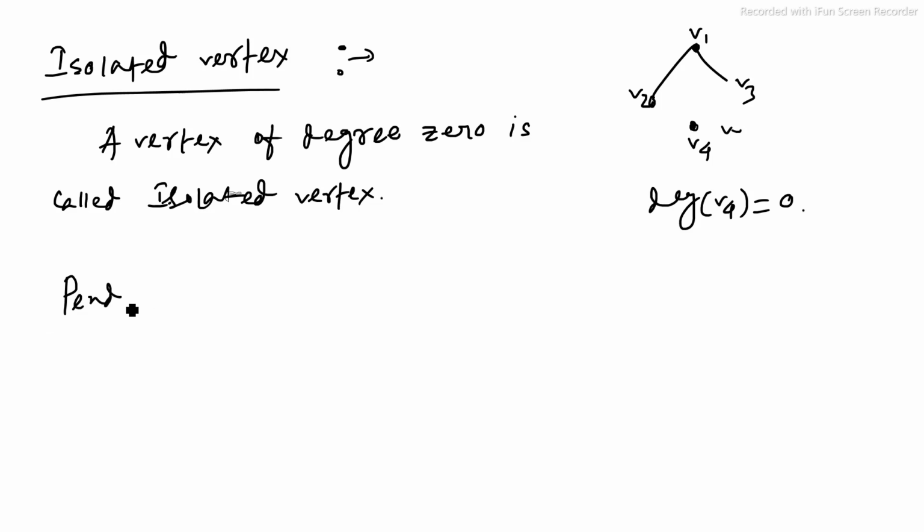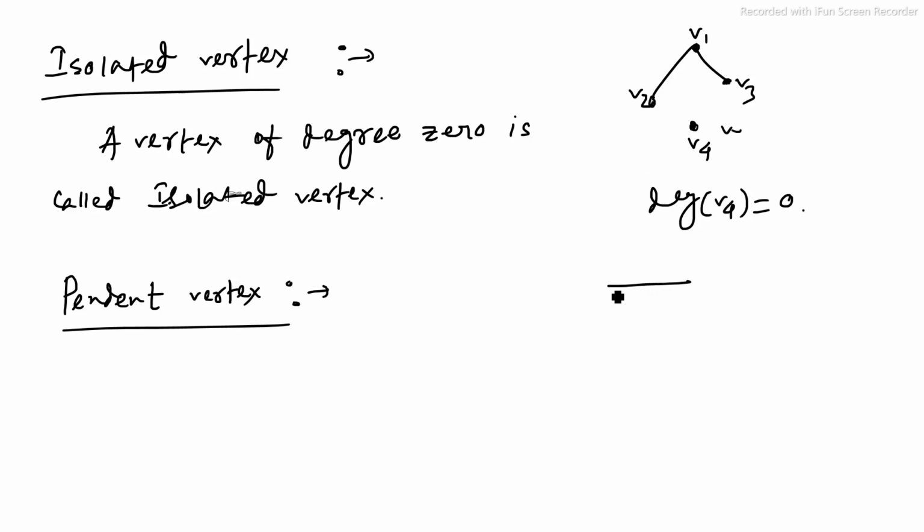What is a pendant vertex? A vertex of degree 1 is called a pendant vertex. Here you can see V2 is a pendant vertex because only one edge is connected to the vertex. Here V3 is a pendant vertex because only one edge is connected.